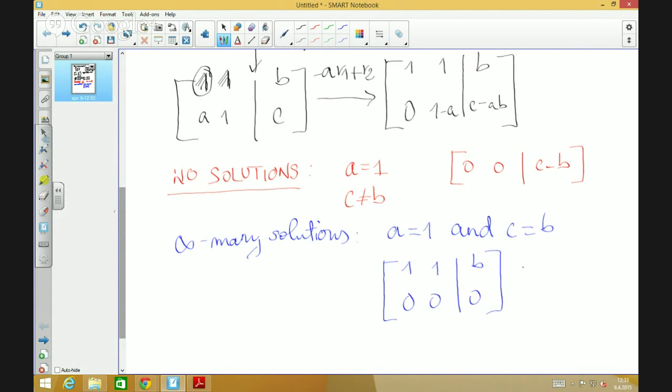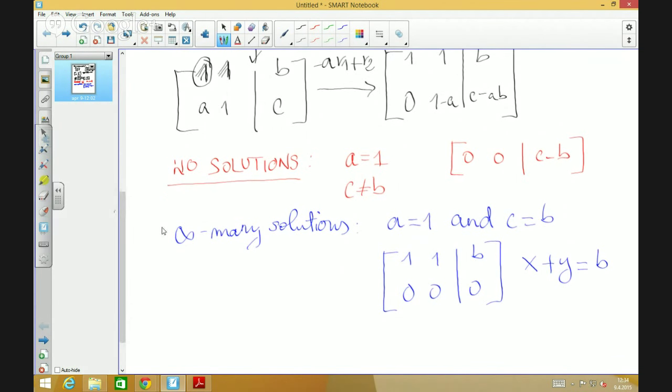This means that x plus y should be equal to B. And this is a line with infinitely many points. You're defining all of the values of x and y which sum to B, whatever B will be, that will give you solutions to the original system of equations. So you have infinitely many of them.